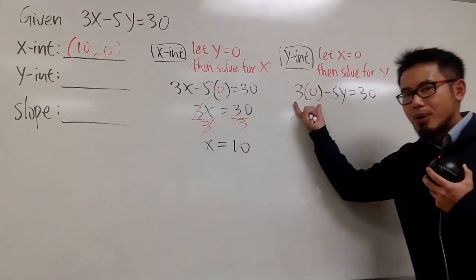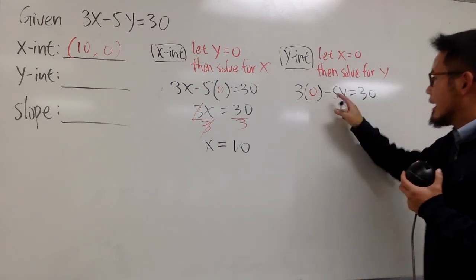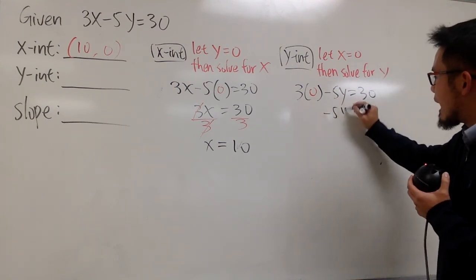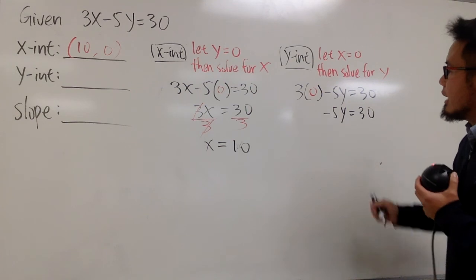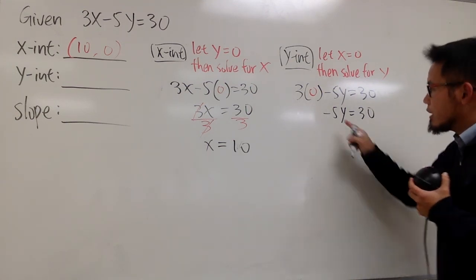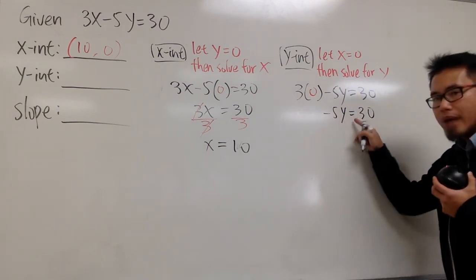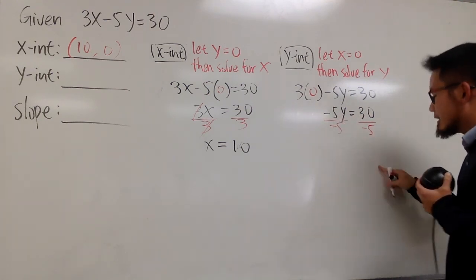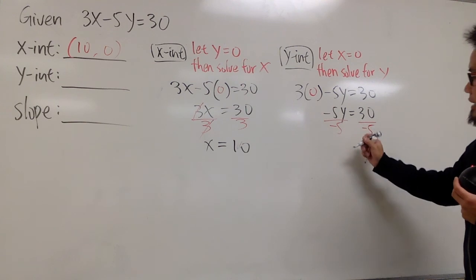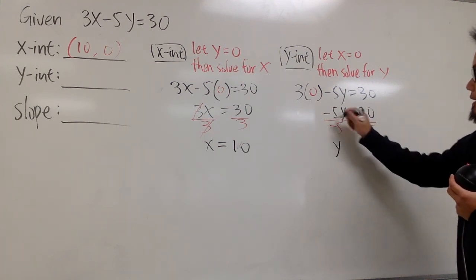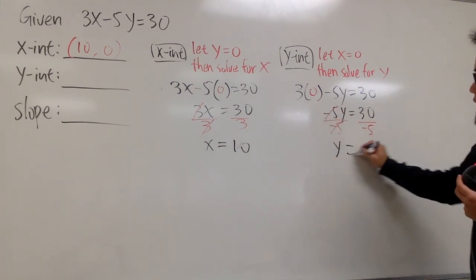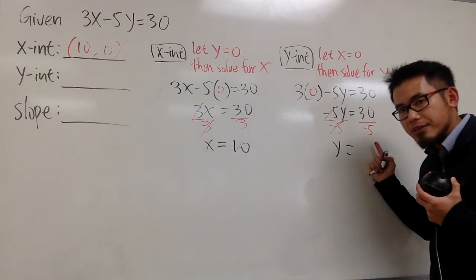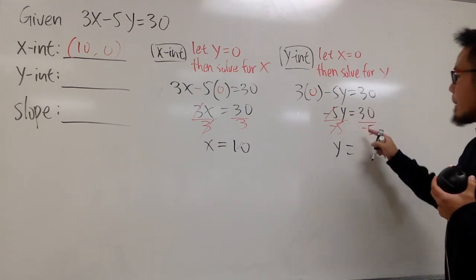And now, this part, 3 times 0 is 0, and we just have this, negative 5y is equal to 30. And in this case, you see, we have negative 5 times y. We will have to divide it by negative 5 on both sides. And in the end, we see that the y is by itself, because they cancel out, and 30 divided by negative 5, this is positive 30 divided by negative 5.